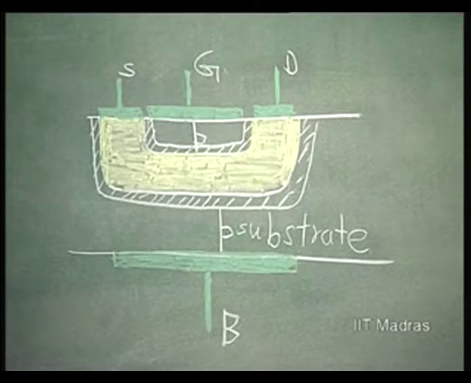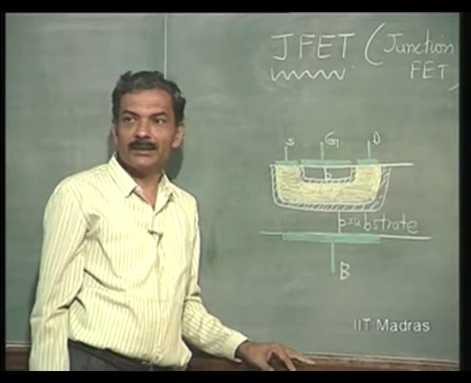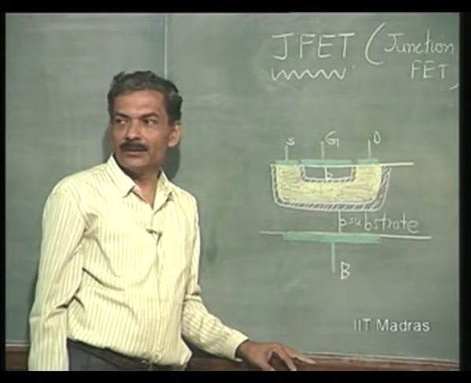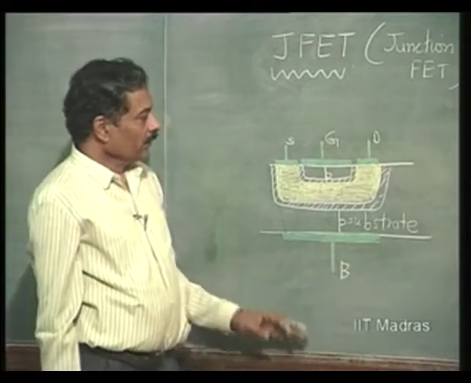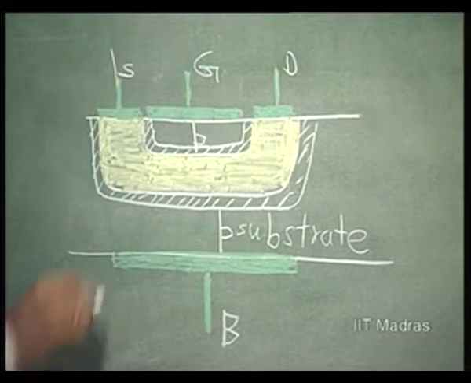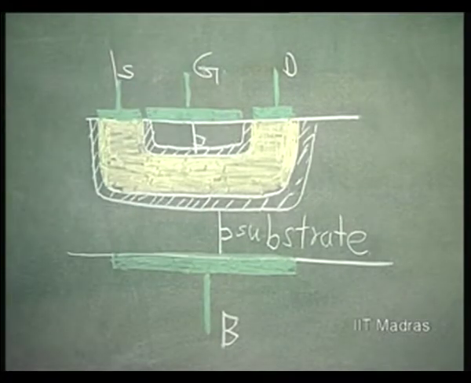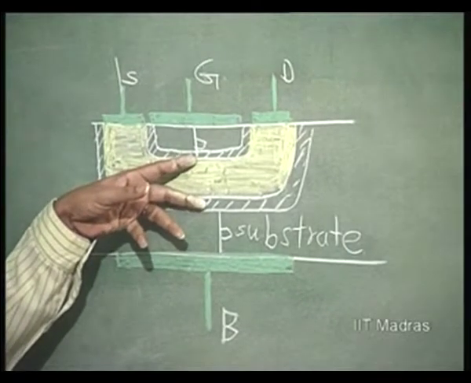Now, how do we make this a field effect transistor? Obviously by pinching off. Please remember, this pinching off is the characteristic of a field effect transistor to work in the active region. Now let us say for VGS equal to 0, the channel depth is going to be this much.